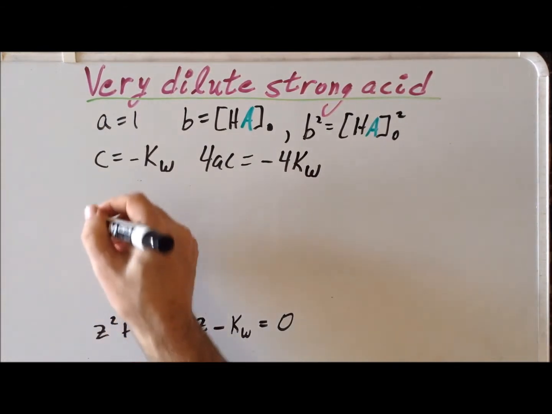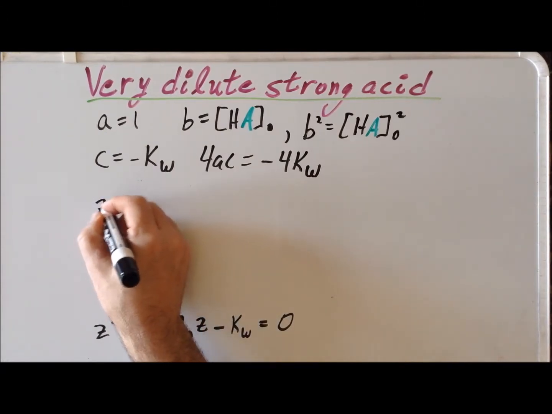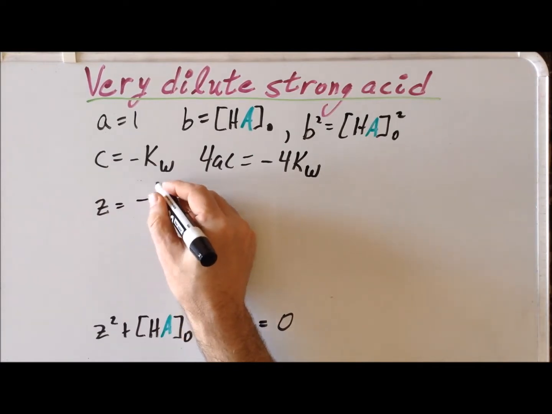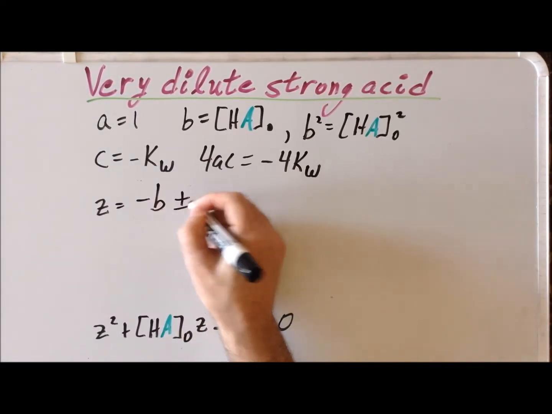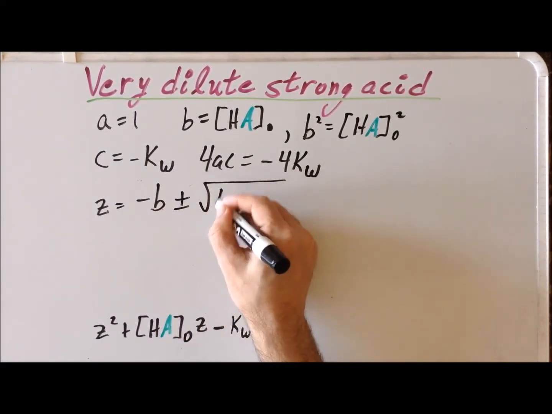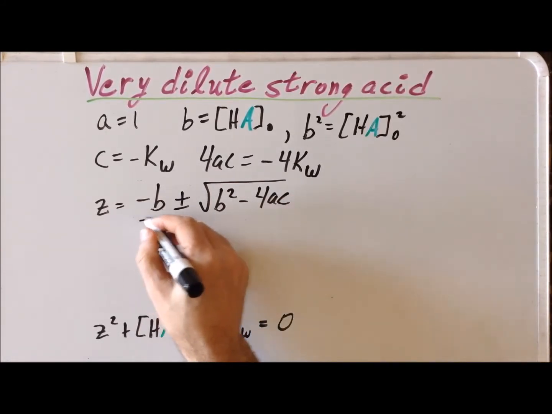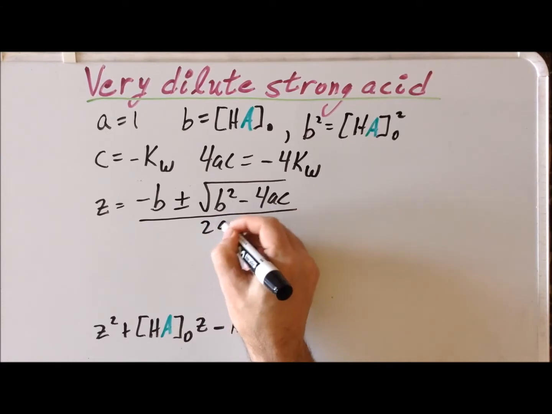So we recall that the solutions to such a quadratic equation in general are going to be negative b plus or minus the square root of b squared minus 4ac all divided by 2a.